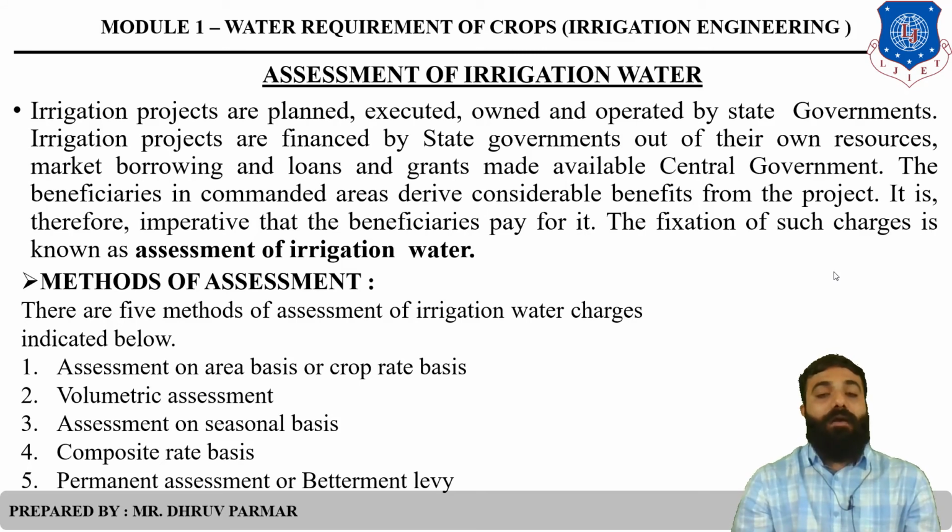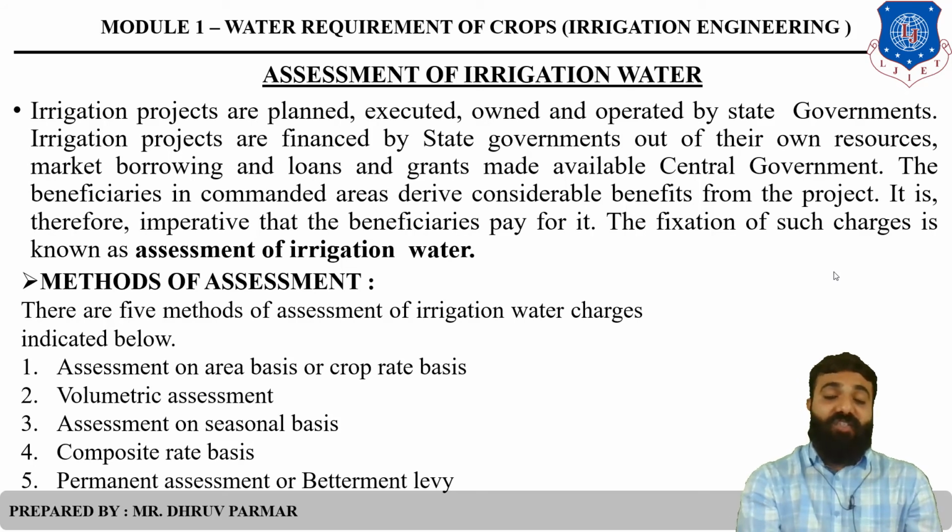There are numbers of meters to install at the outlet, clear, or the exit point of the canal. Then second drawback, it is difficult to maintain these meters, clear; the operation cost and maintenance cost are very high.